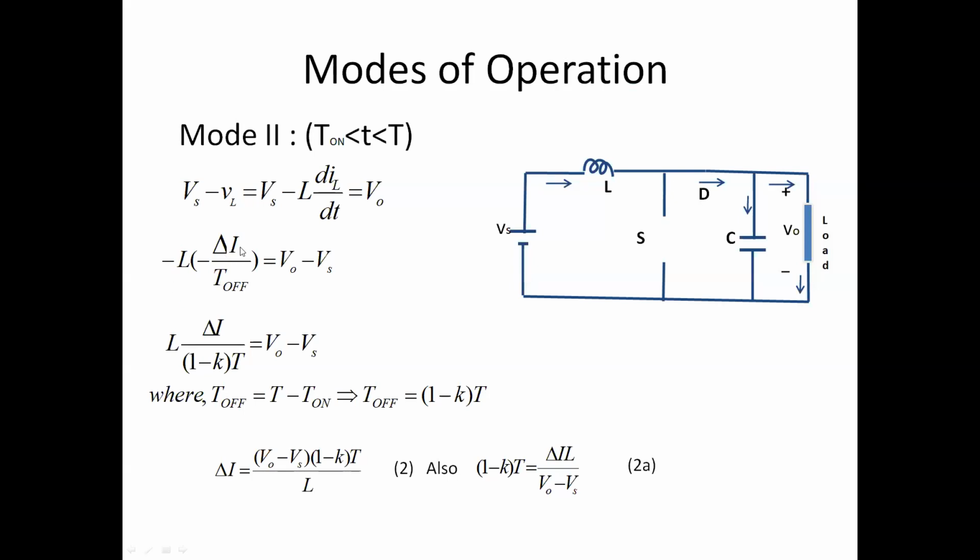So minus L into minus del I by T off can be written as V naught minus Vs. Rearranging the terms, we get L into del I by (1 minus K) into T equal to V naught minus Vs, as T off can be written as (1 minus K) into T. From this, del I is equal to (V naught minus Vs) into (1 minus K) into T divided by L. Also, (1 minus K) into T, that is T off, is equal to L del I by V naught minus Vs.